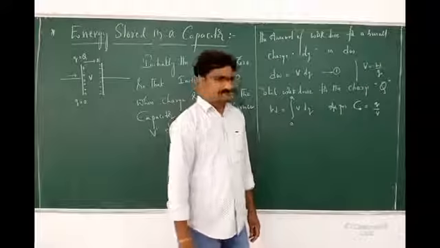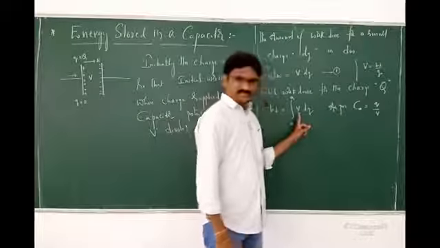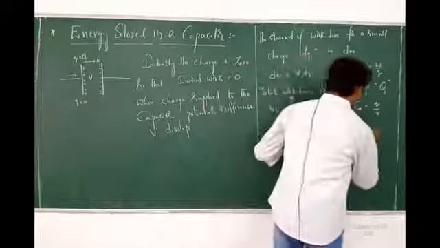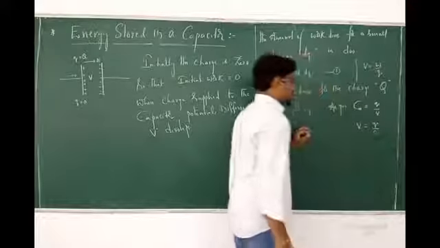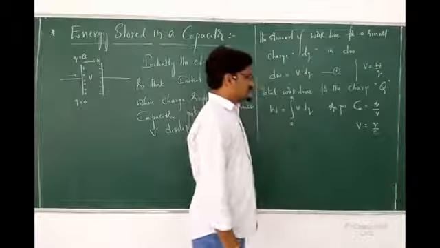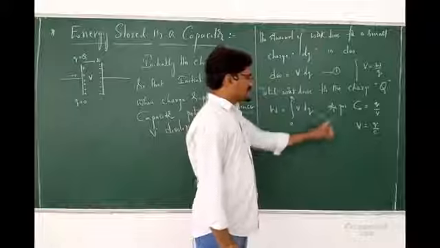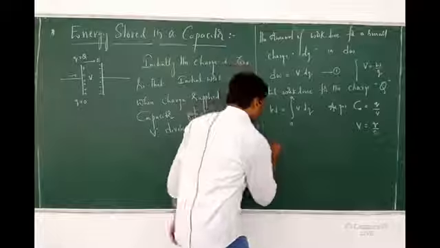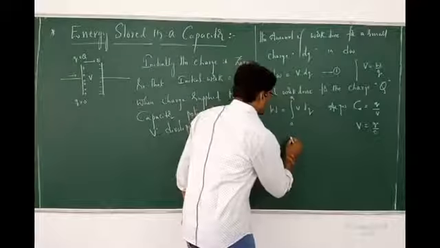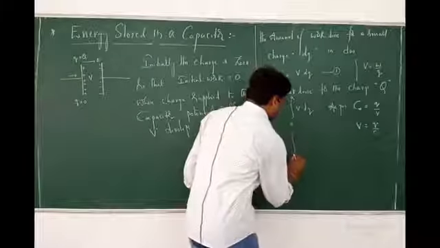So V is equal to Q by C. Q is equal to CV, so V is equal to Q by C. So W is equal to the integral from 0 to Q of V, where V is Q by C, into dq.